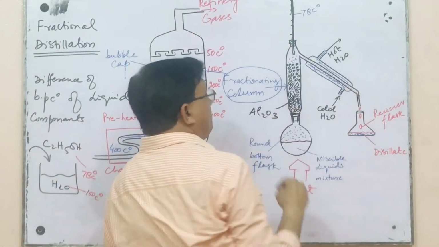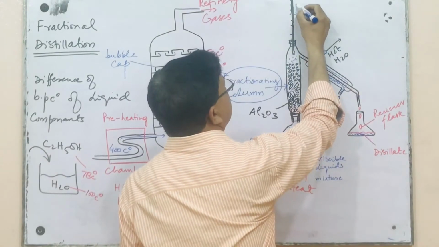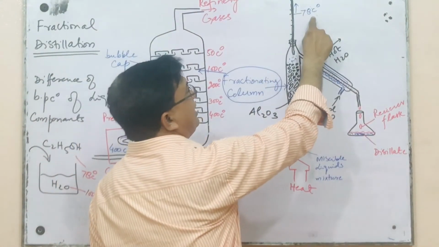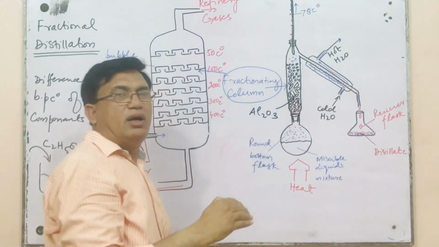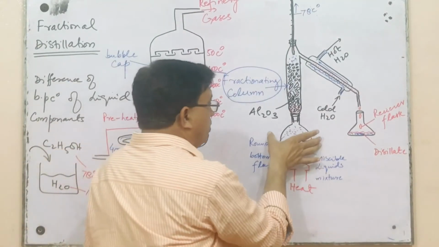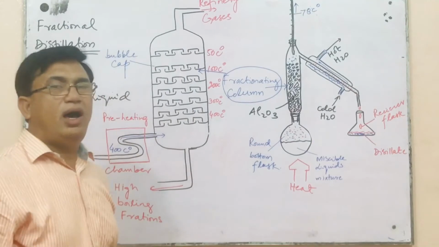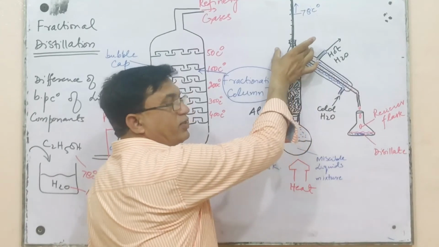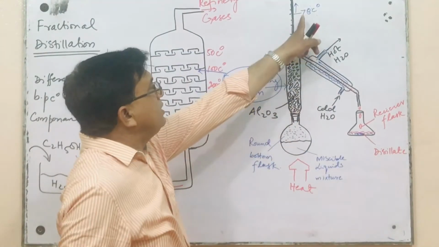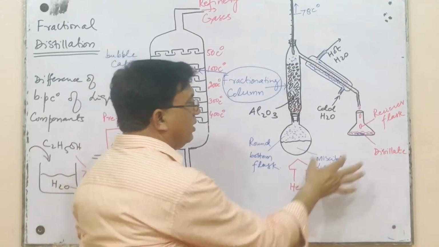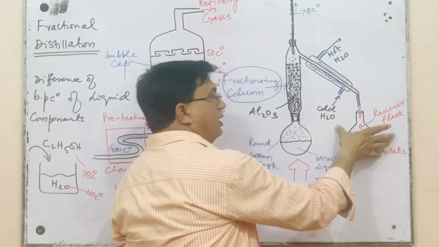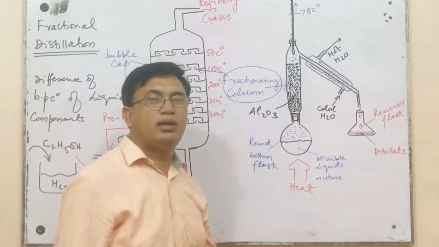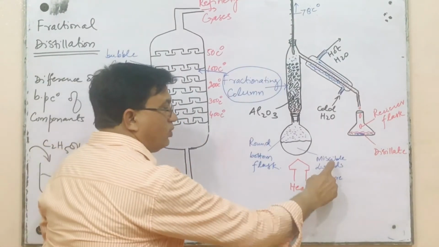Whenever we observe that the temperature is going to rise more, it means that the component of boiling point 78 degrees centigrade has been totally removed, and now the next component with a higher boiling point will start to rise and come to the top of the thermometer. Whenever the temperature starts rising here, we will remove this receiver flask and replace it with a new receiver flask to collect the second component of the miscible liquid mixture.